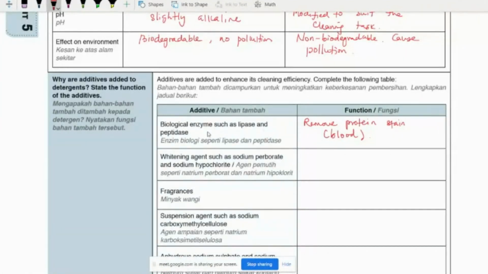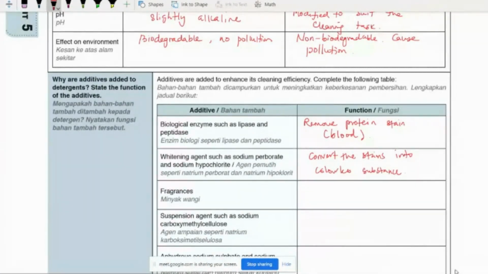Second one, the additives are whitening agents such as sodium perborate and sodium hypochlorite. Actually the whitening agent converts the stain into colorless substances. Please write down: convert the stain into colorless substance.